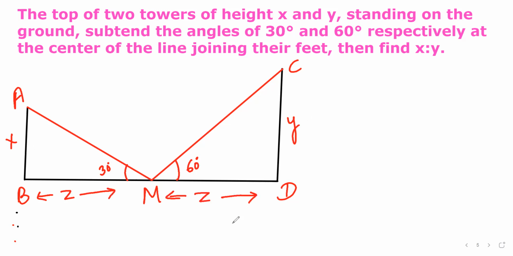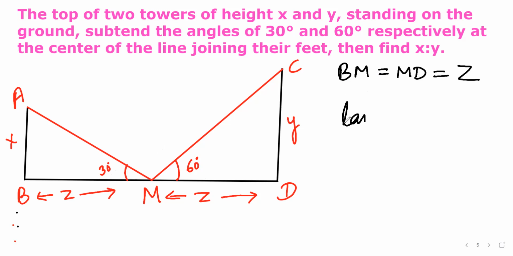We don't know the length, so that is exactly from the middle, right? So we can take it as BM equals MD equals Z. Now we have to find it out.